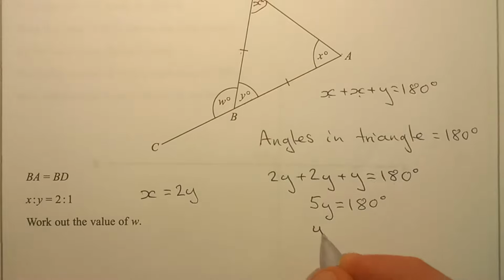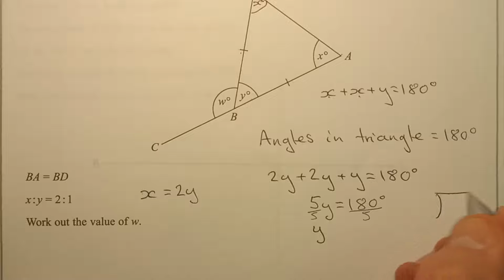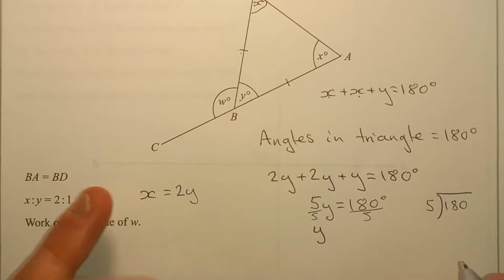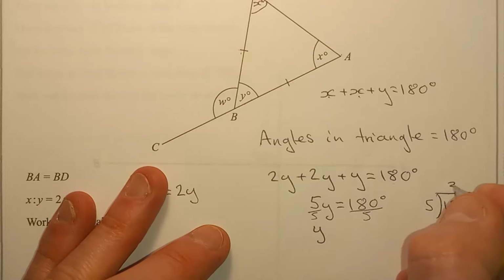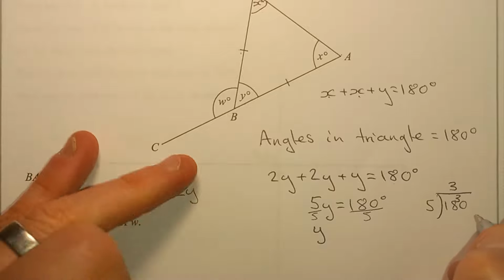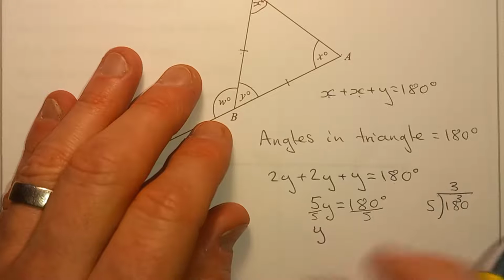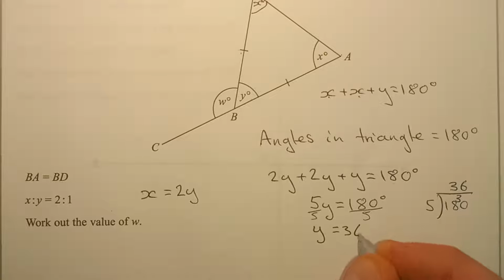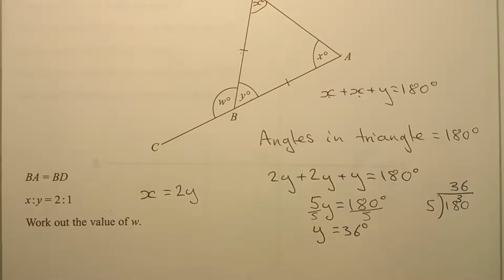So y, well, we want to divide this by 5. 5 into 18, well, 5 into 1 won't go, so 5 into 18, we've got 5, 10, 15, that's 3, with 3 remainder, and 5 into 30, 5, 10, 15, 20, 25, 30, that's 6 times. So we've got y is equal to 36 degrees.